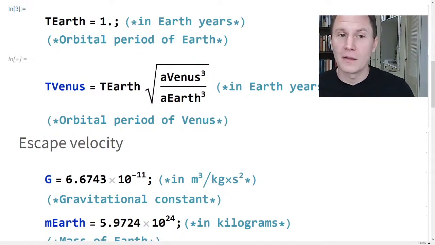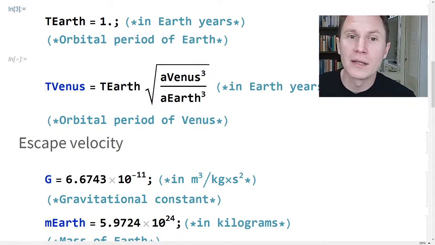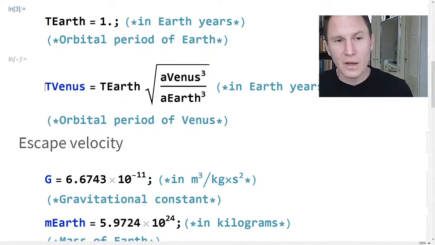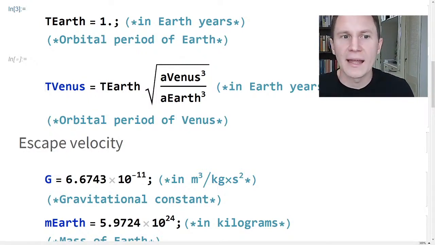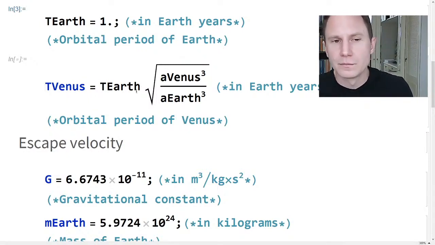Here is that same equation that appeared in Kepler's third law, rearranged. I rearranged it to express the orbital period of Venus using the other three numbers. Since I'm working in astronomical units and Earth years, these two numbers, T Earth and A Earth, are nothing but 1.